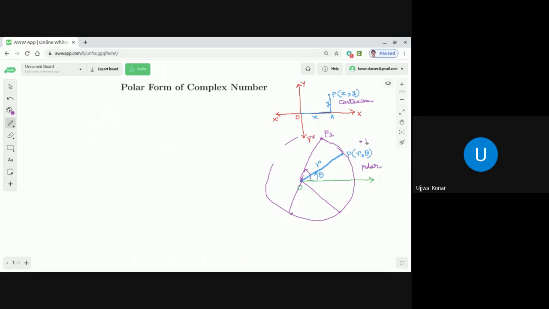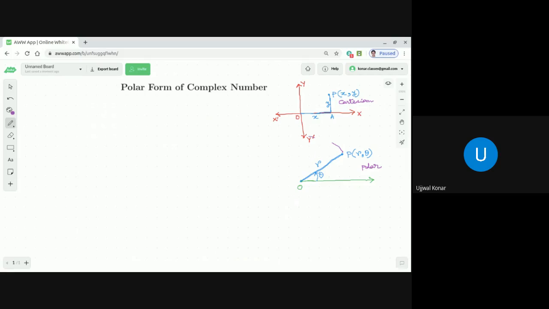P1, or say I can say P2, which is making the same angle, but OP2 is different. So neither only r nor only theta represents the point uniquely in the polar coordinate system. So we need both r and theta. Let me remove what I just drew, I explained this thing.